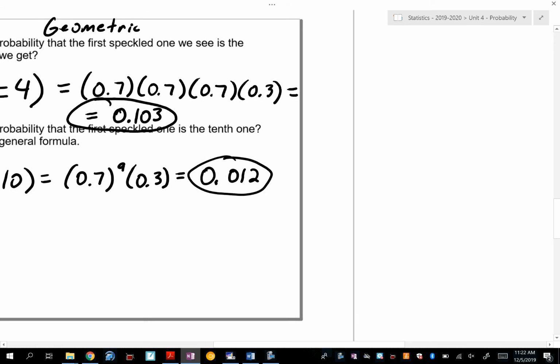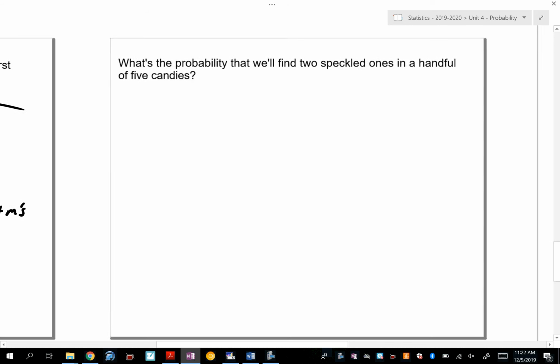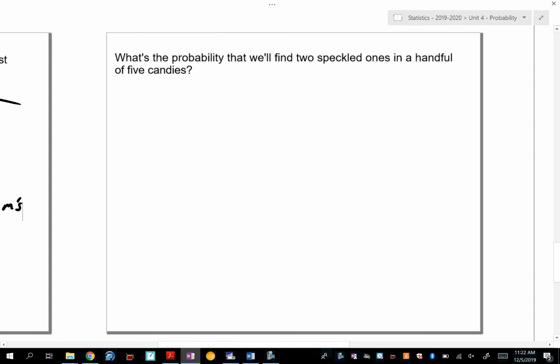Okay, now watch this. Let's read this one. Is this the same question though? No. What does this seem like? There's only one other model. It's the binomial, because this is asking how many successes, 2 groovy ones out of how many M&Ms? 5.